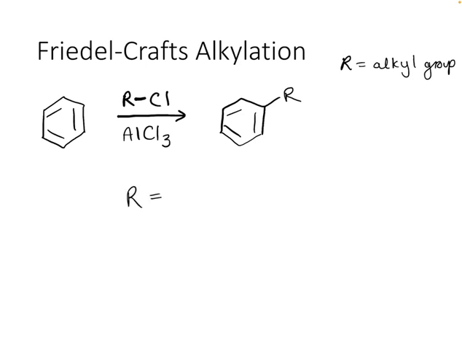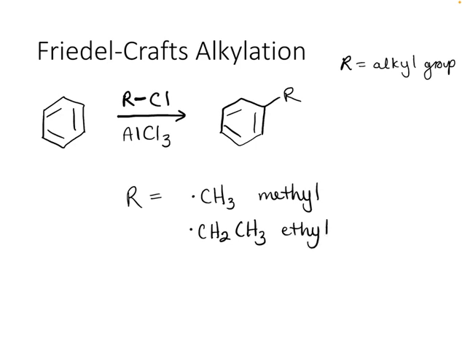So the R group can be a methyl group, an ethyl group, and that could go on. You could do propyl, butyl, etc. You could also add a branched alkyl group.